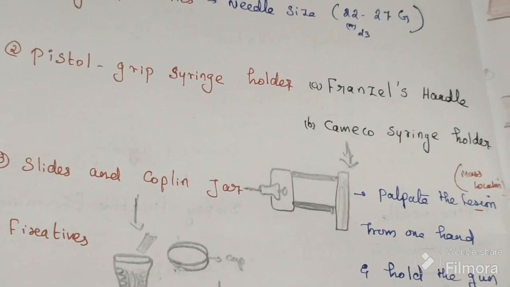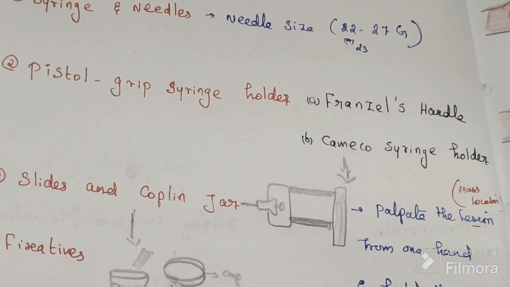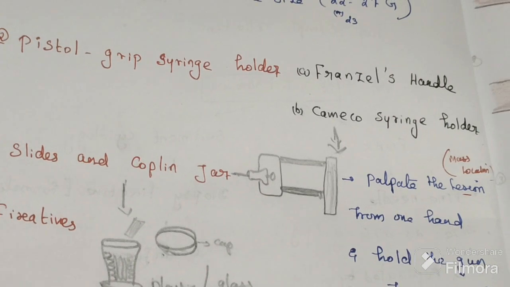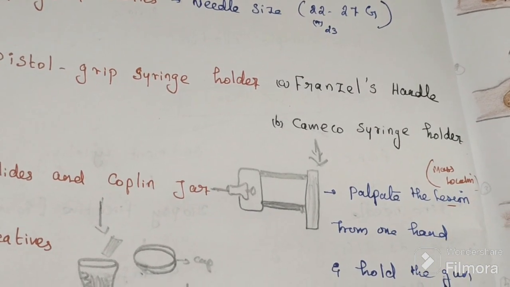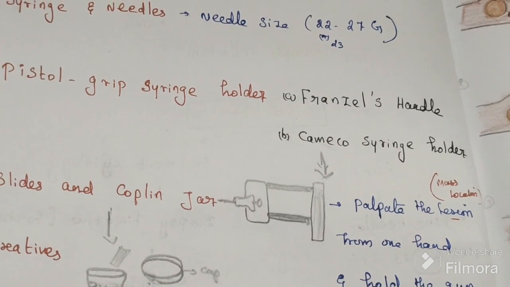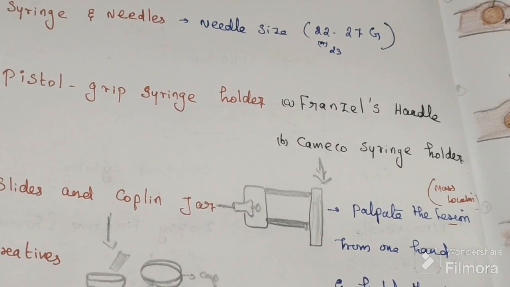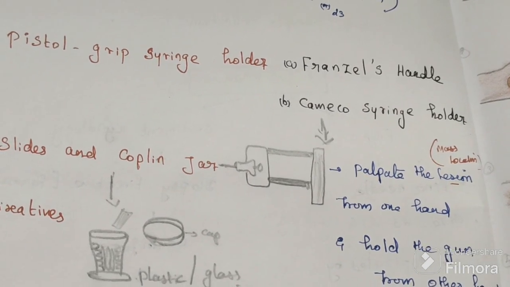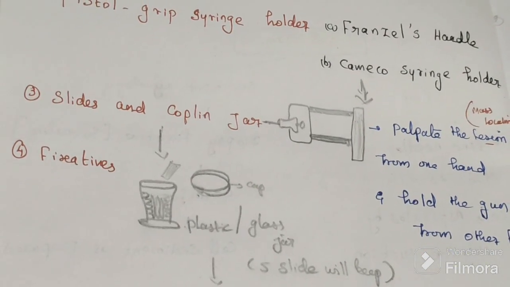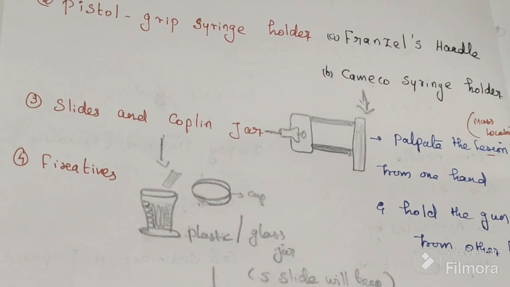Third thing, we require slides and a coplin jar. Slides, put a specimen or cell on the slide, and the slide is kept into that coplin jar. Okay, coplin jar. Finally we require fixative.